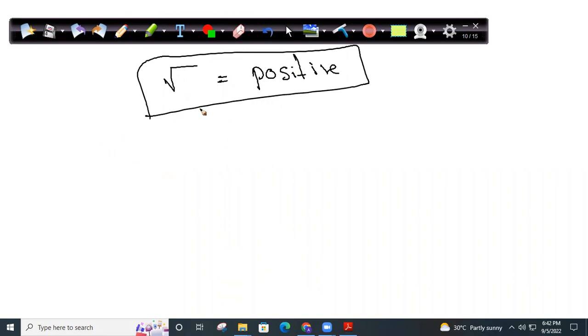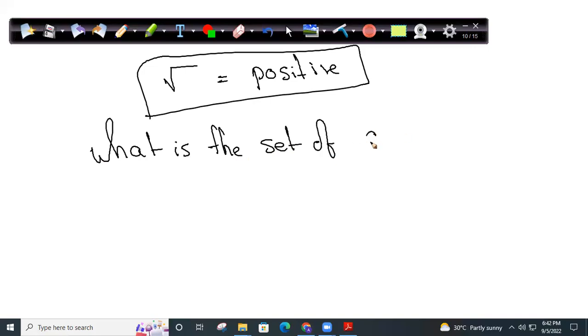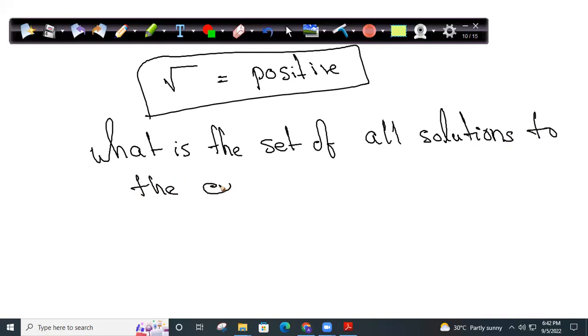Let me see, based on what I explained, how many of you can apply this and give me the answer. What is the set of all solutions to the equation square root of 2x plus 3 is equal to -x?